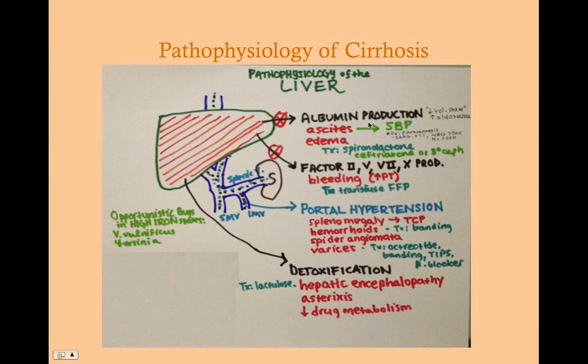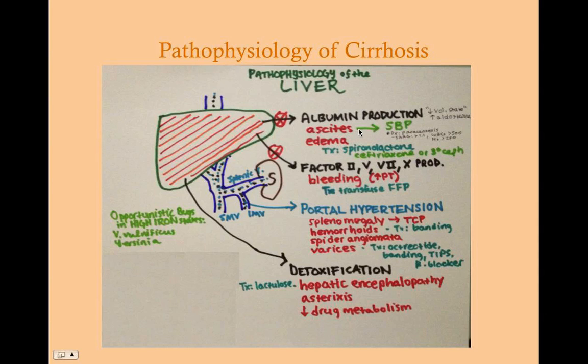So when the oncotic pressure drops, fluid is going to move out into the interstitial space. And that's going to be edema and ascites. Ascites is fluid in the peritoneum. Edema is just fluid in the general tissue. This happens because when fluid moves out, actually, I'll get to that later.